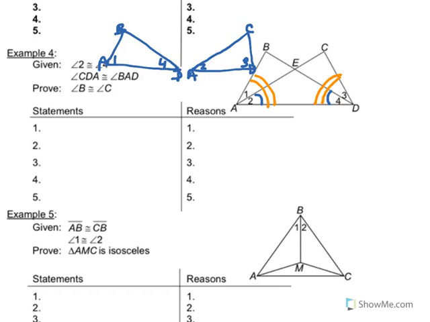So now let's go ahead and remark those again. We have angle 2 is congruent to angle 4, so that's this one. And then we have angle 3, this big one, is congruent to angle 1.